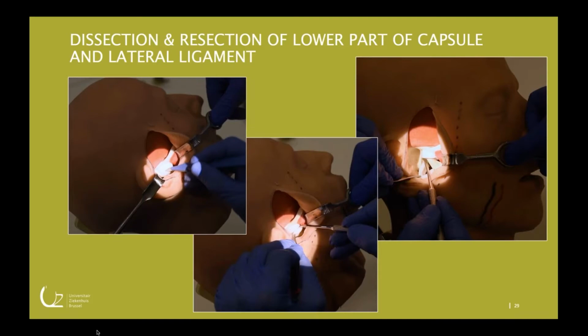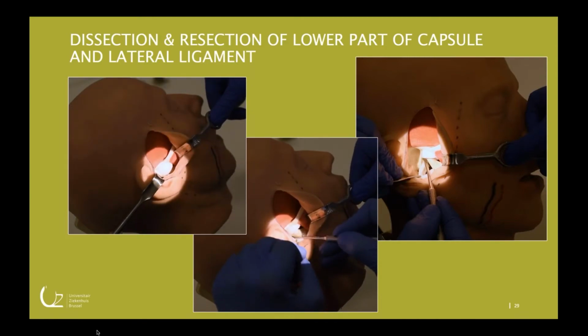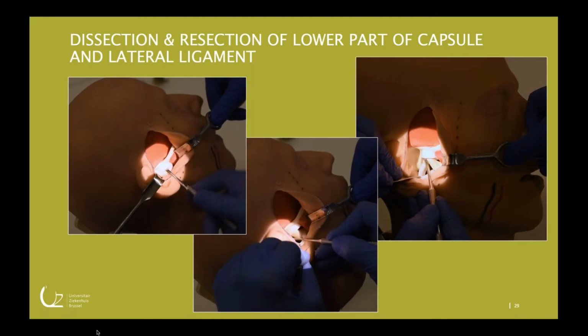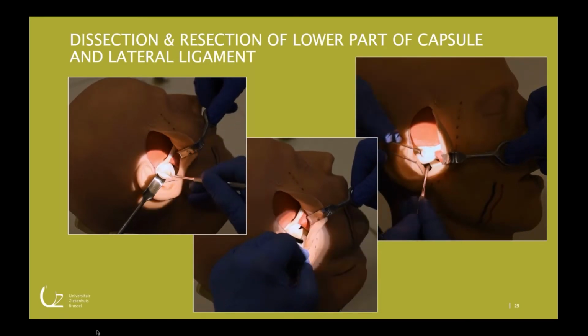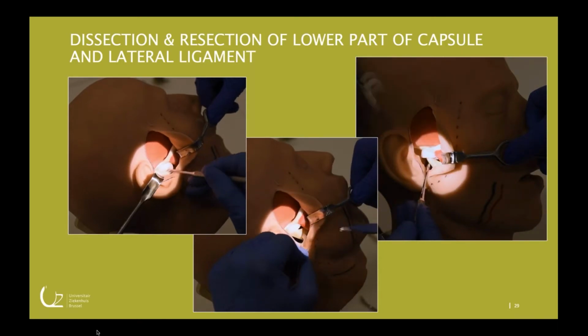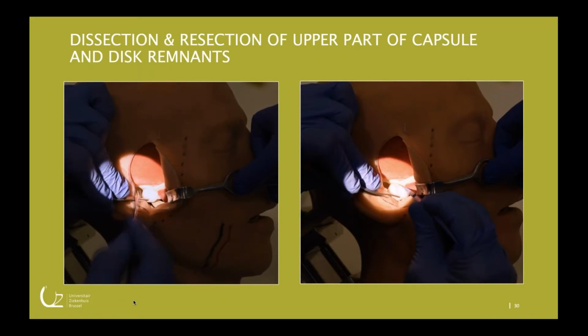The capsule is displayed, horizontally incised, and the lower part is resected together with the lateral ligament. The upper part is removed together with the remnants of the disc.